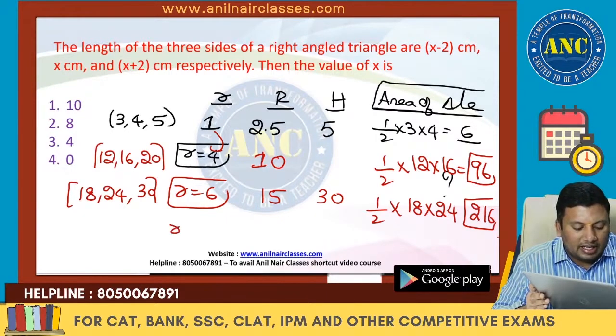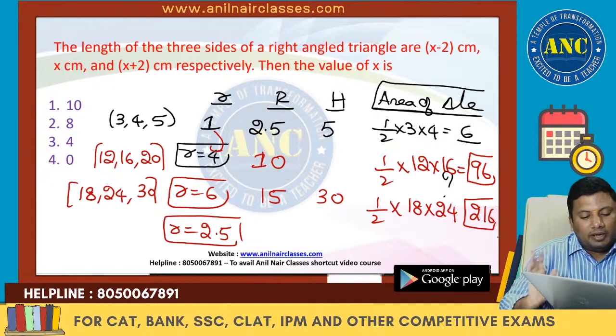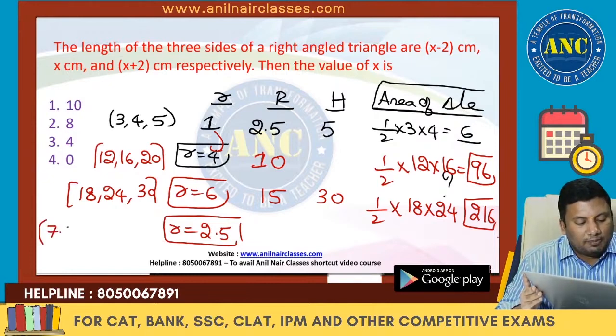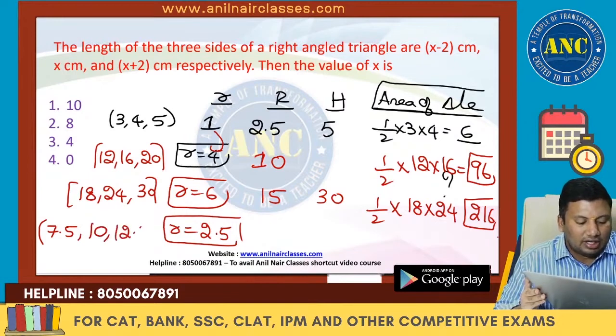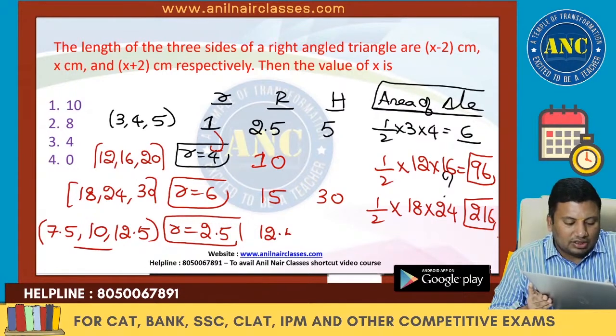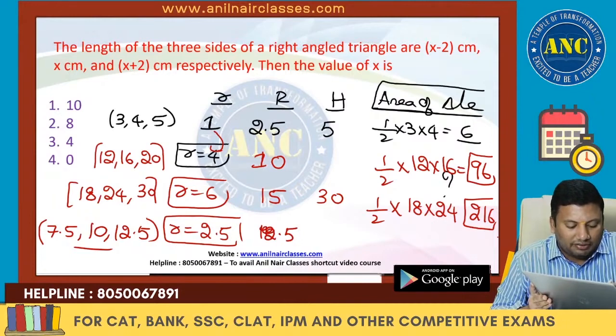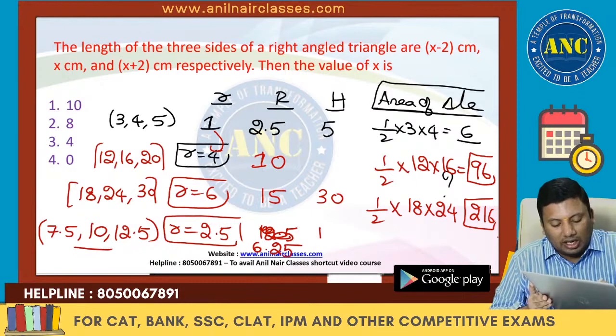If the inradius is 2.5, 1 is becoming 2.5, so the sides are 7.5, 10 and 12.5. The area is half into 7.5 into 10. The circumradius is 6.25, and the hypotenuse is 2 times the circumradius, which is 12.5.